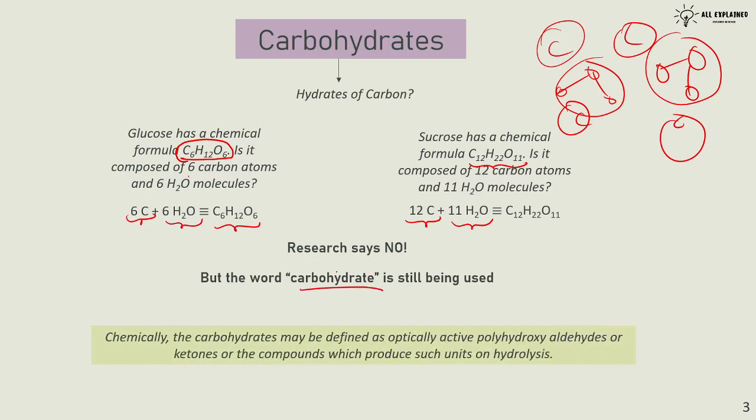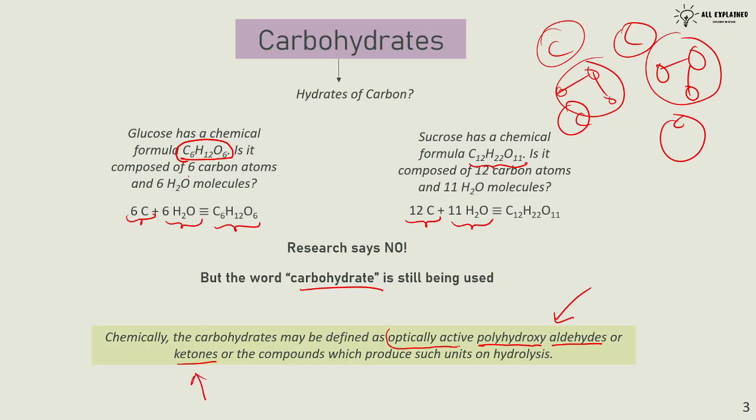What are these carbohydrates? They can be defined as optically active polyhydroxyaldehydes or ketones. So they are either aldehydes or ketones with a lot of alcohol groups attached to them, or they can also be very complicated molecules which can break down into these polyhydroxyaldehydes or ketones.